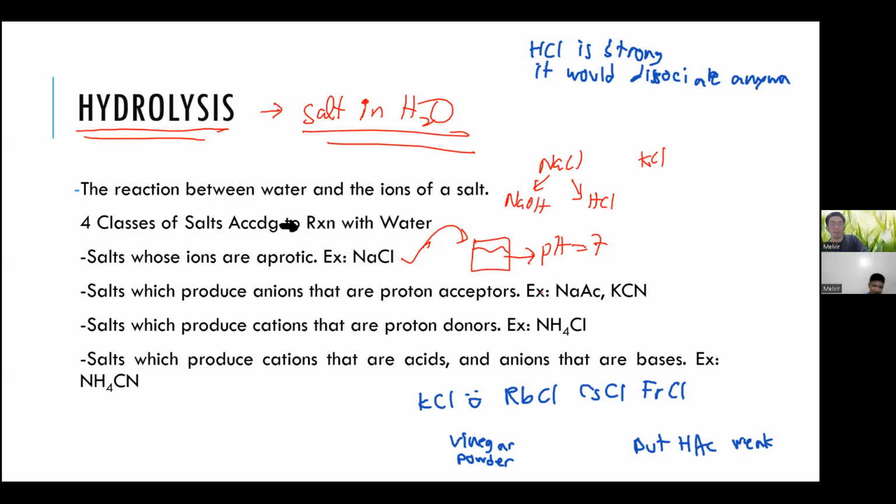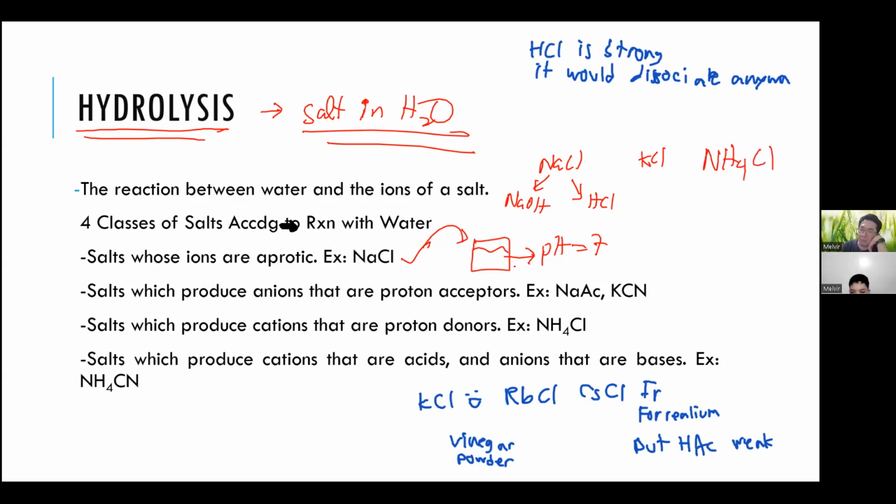I cannot confirm francium chloride kasi francium is radioactive, so mahirap siyang i-observe. Theoretically speaking, it must produce an aprotic salt as well. Good. What about this one, Josh? Ammonium chloride.